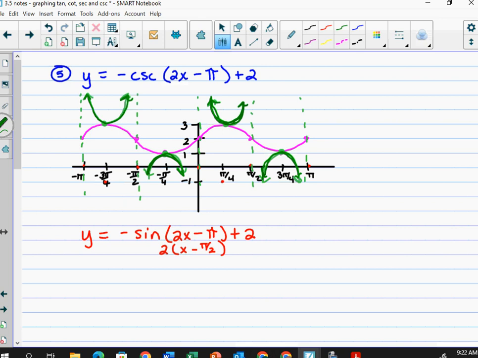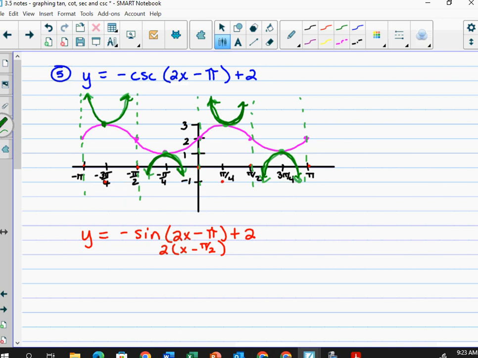So from the very top of the sine graph, they share a point, and then it goes up from there. Bottom, they share a point, and it goes down. And those midline points, that's where you know the asymptotes are. See them? You just know looking at the graph, you don't do anything.